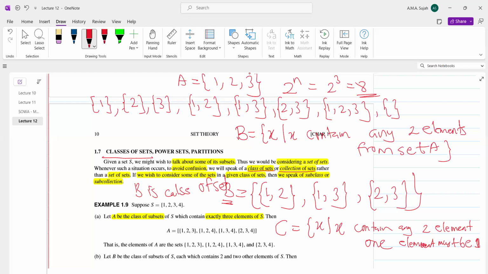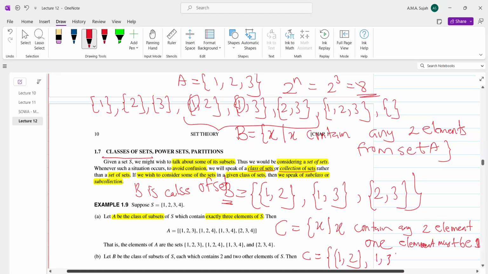So can you write the set? Among all the subsets, first you need to find the two-element sets. Among these, the ones having 1 as one element are 1, 2 and 1, 3. These are the class of sets C.